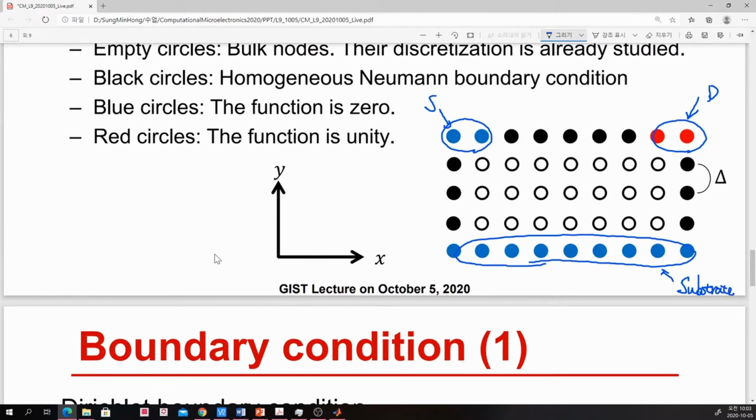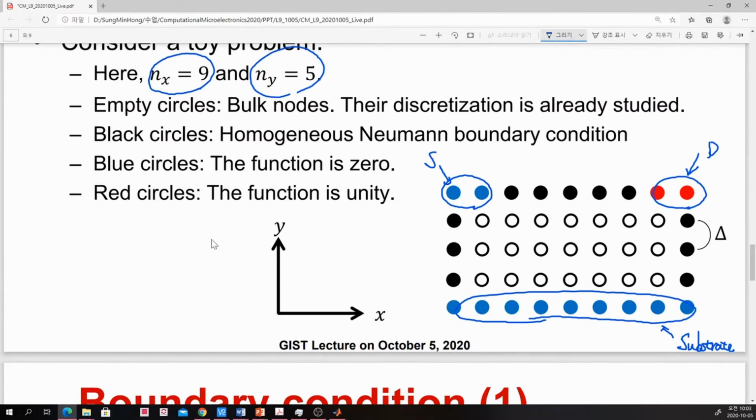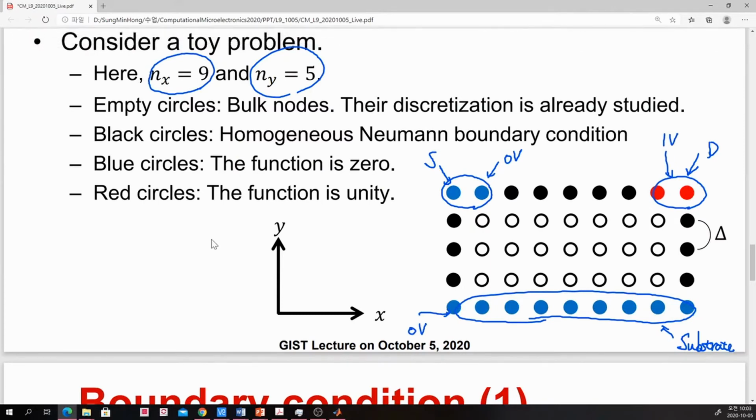In this case, we can, for example, apply 0 volt to source and 0 volt to substrate and 1 volt to our drain contact. This is the situation we will consider in this course.